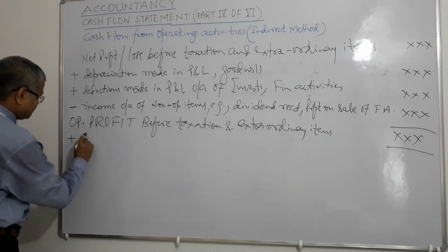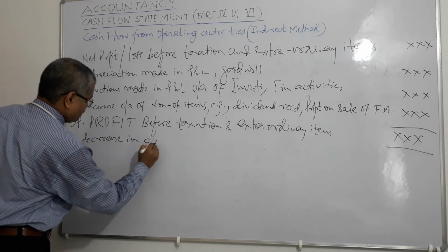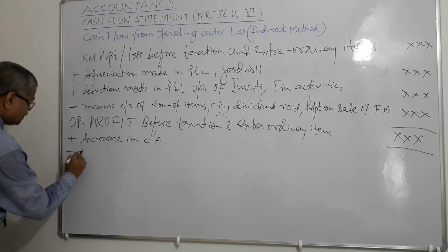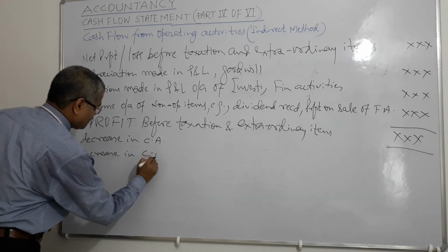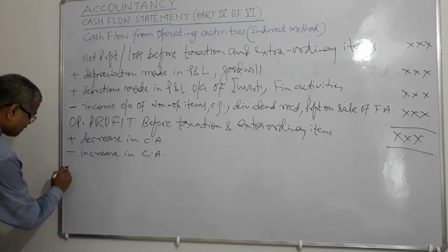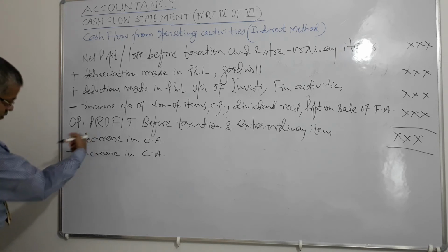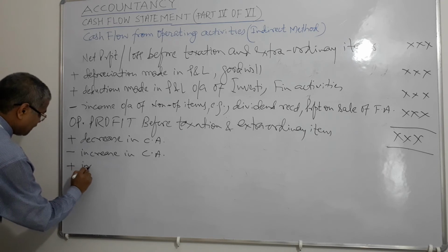Decrease in current assets will be added and increase in current assets will be deducted. Now, in respect of liability, what will happen? Opposite of this.